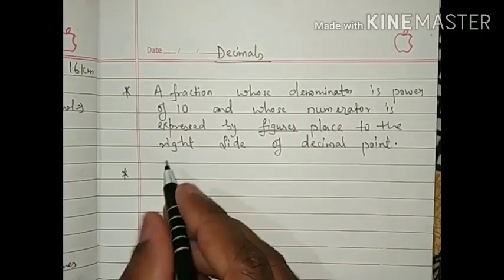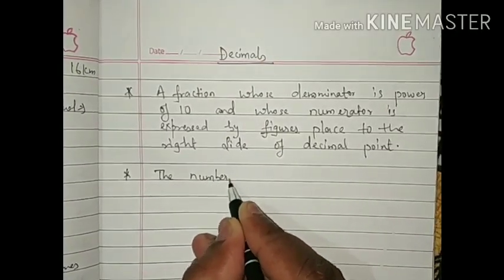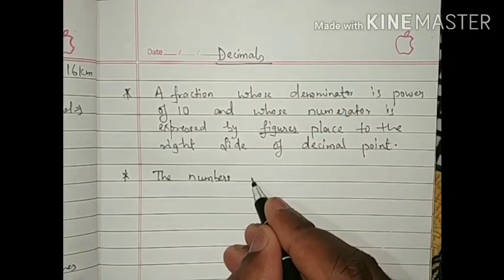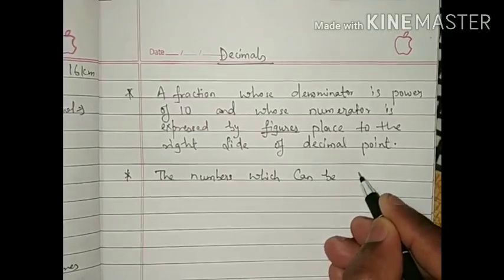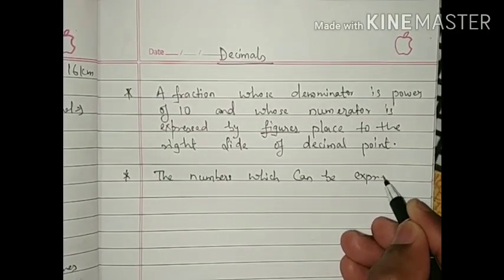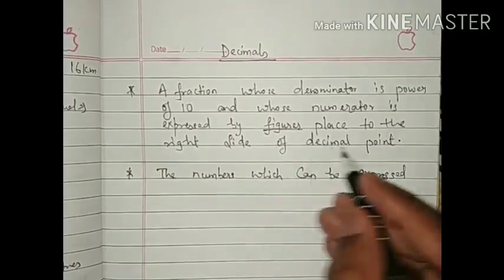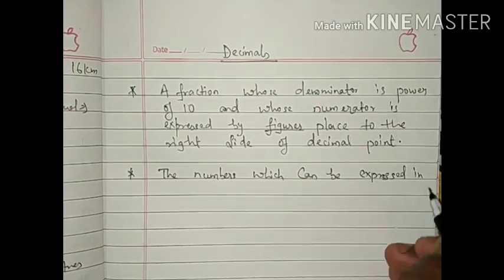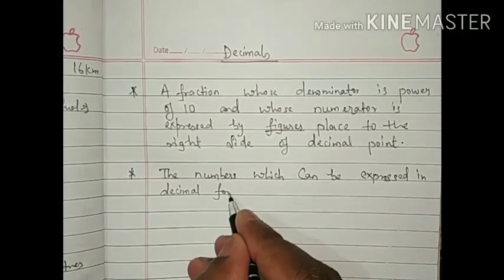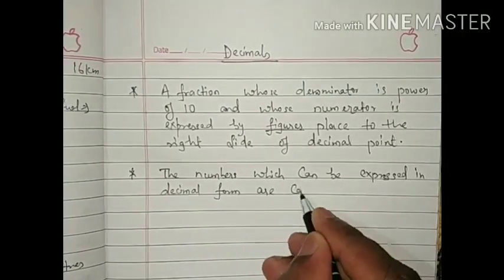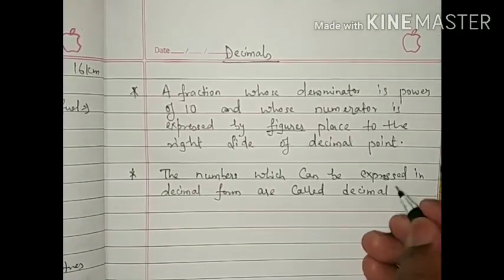Next, what can we write? The numbers which can be expressed in decimal form are called decimals.